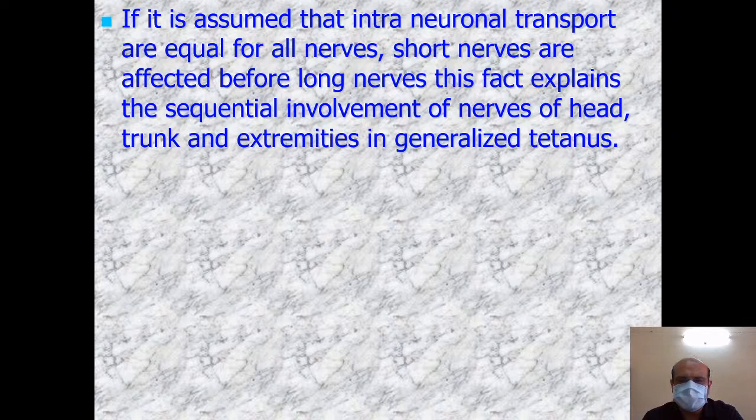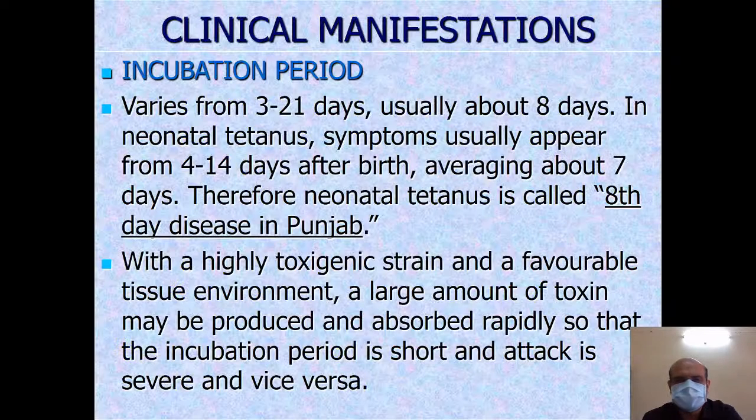If it is assumed that intraneural transport rates are equal for all nerves, short nerves are affected before long nerves. This fact explains the sequential involvement of nerves of head, trunk, and extremities in generalized tetanus.